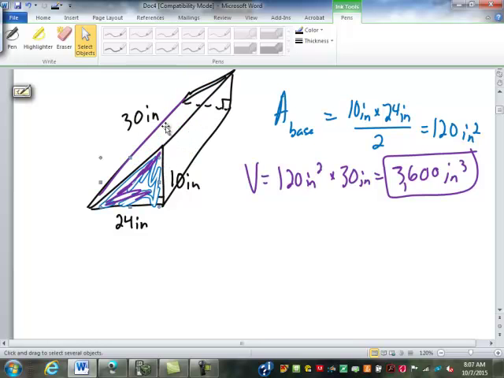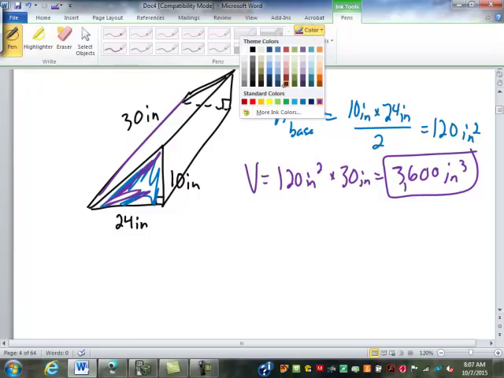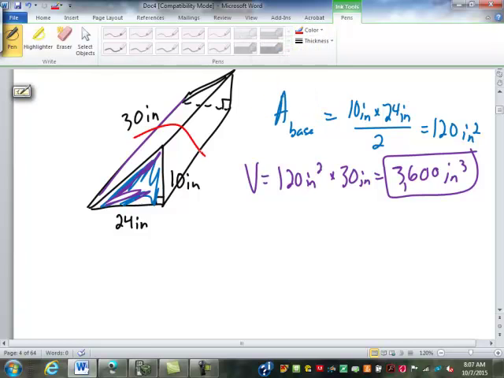The base is always the shape that if you slice the object, you can slice it anywhere parallel to that surface, and you'll get that same shape. So if I slice it across here, I'm always going to get that triangle. If I slice it any other way, I'm not going to get the same shape. If I slice it across this way, I'll get a rectangle, but it won't be the same rectangle as the bottom.